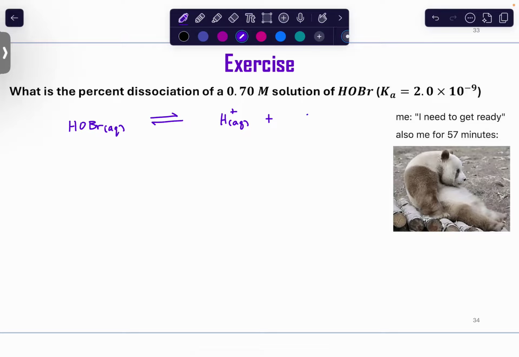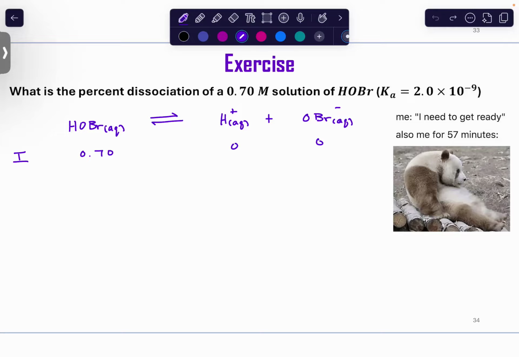OBr. What's its charge? What's its charge going to be? Yep. So we say, what's our initial value? 0.70 molar. Nothing and nothing.